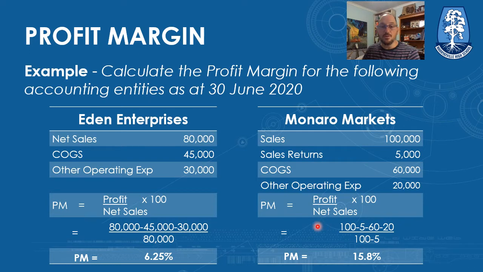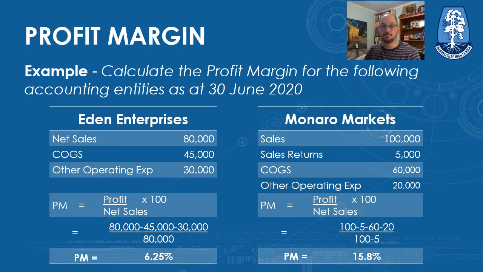That would give you $15,000 divided by 95,000 of net sales. That gives you a profit margin of 15.8%. That sounds a lot better than Eden Enterprises of 6.25%.